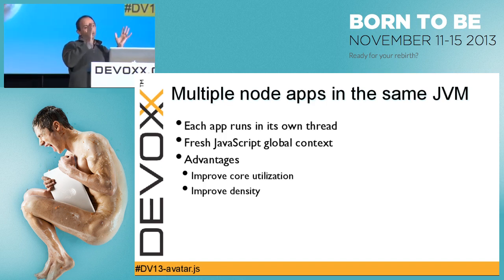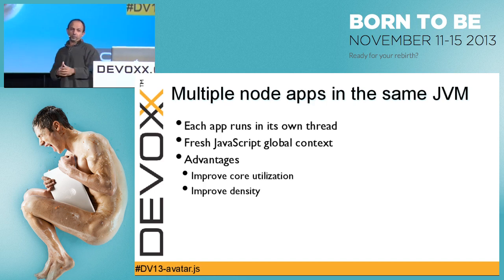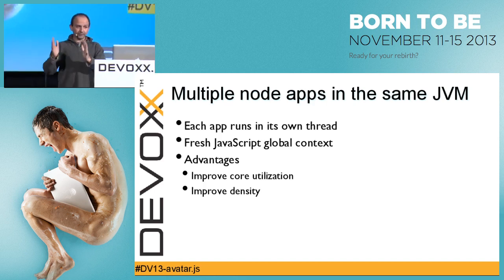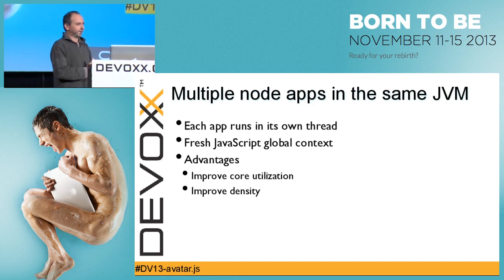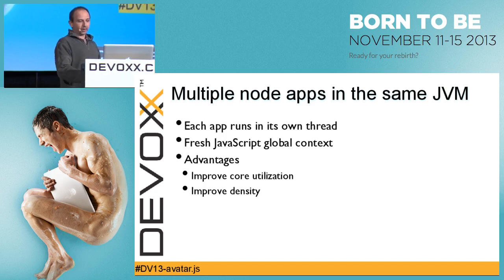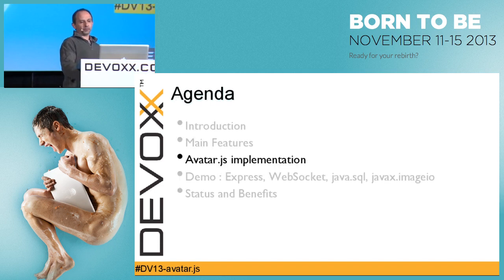So your node applications, with respect to the JavaScript global context, will be isolated. So as I said, the advantage is mainly to minimize the number of processes, so more density.